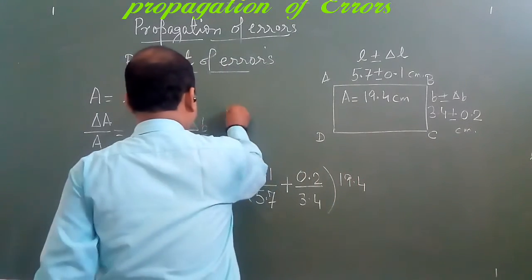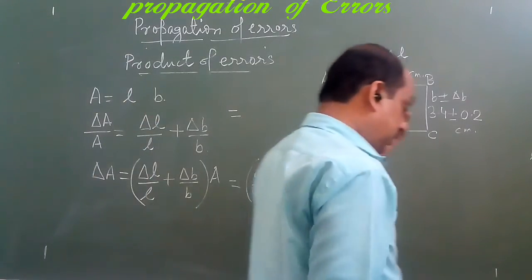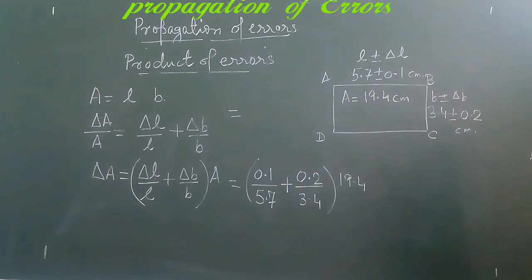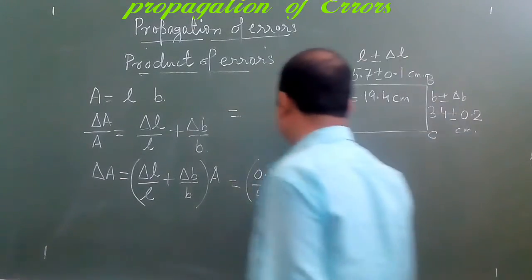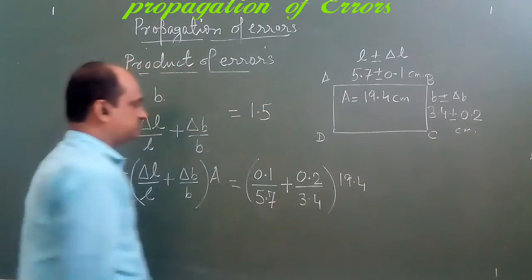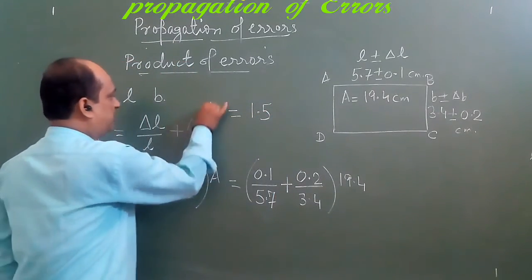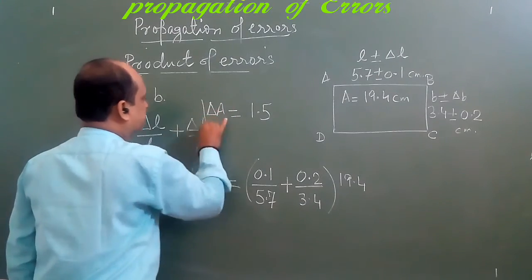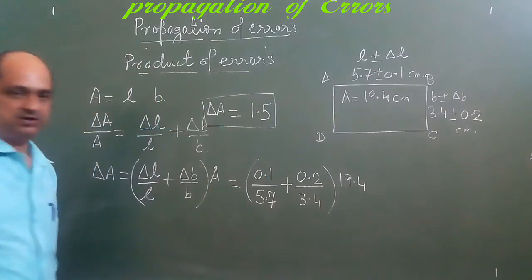When we calculate it and express it to one digit after the decimal, the answer is 1.5. So this is the value of delta A, that is 1.5.